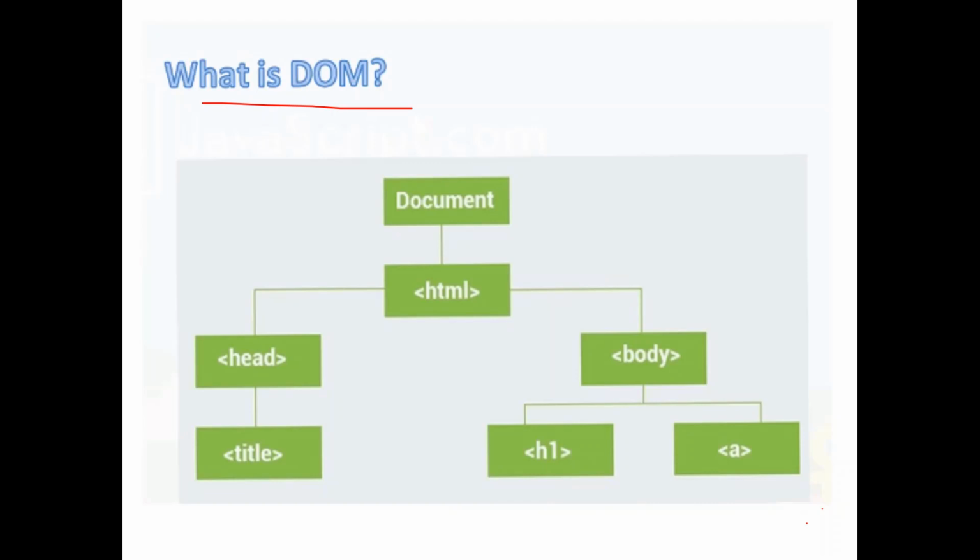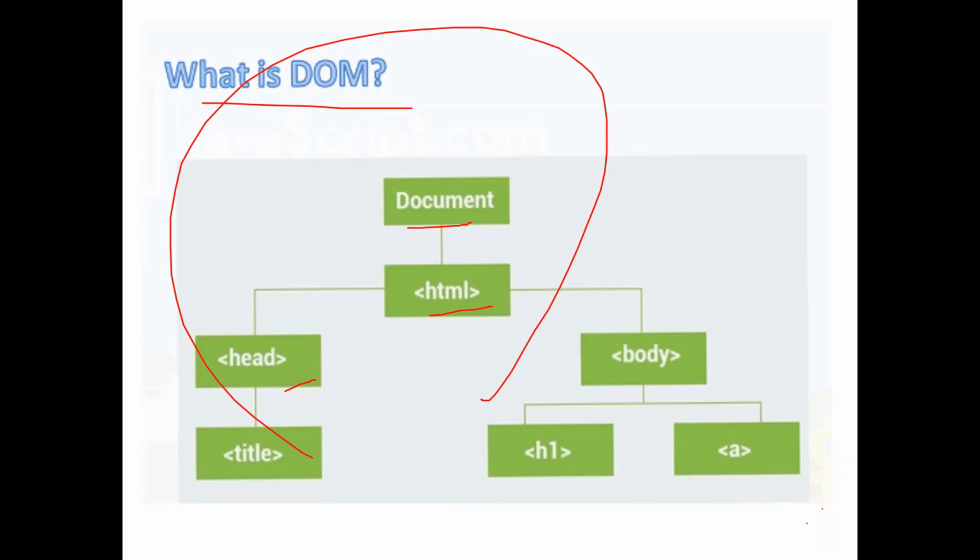So you can do whatever you want. You can apply effects, you can show, you can hide, you can also animate the text or object, etc. So here in this example, we have the HTML tags, the head tags. So using the DOM or document object model, you can access all these elements.